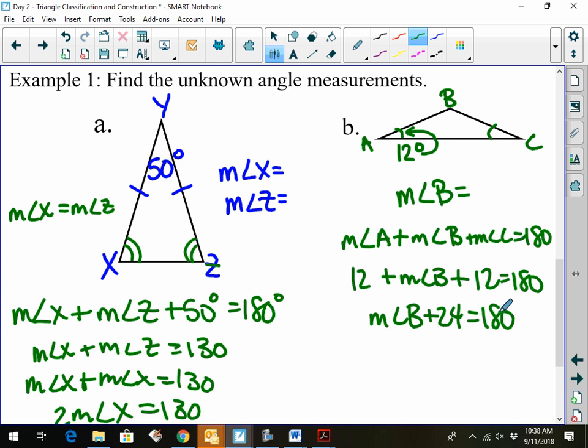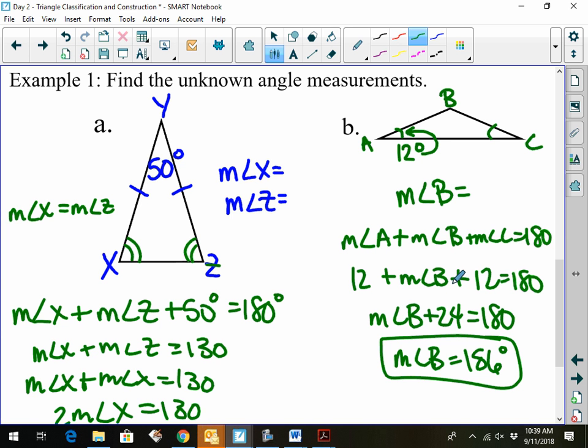And then we will subtract that, and you'll get the measure of angle B. Noticing that our angles here, we'll always write them in degrees also. We subtract, and the measure of angle B will equal 156 degrees. So don't forget to put the degree symbol on there. Now, did you have to show all of these steps to get here? No, as long as you show your work in order to get there, that will be sufficient.